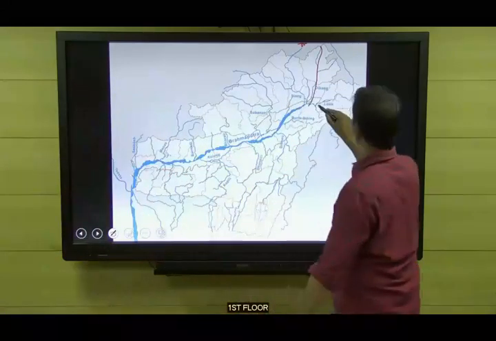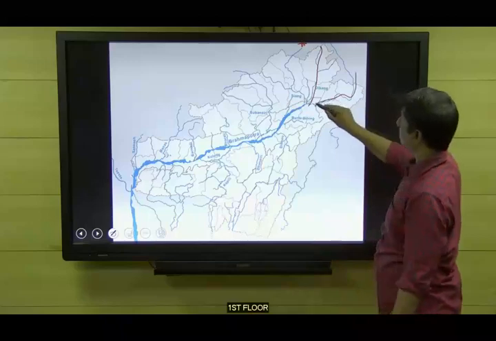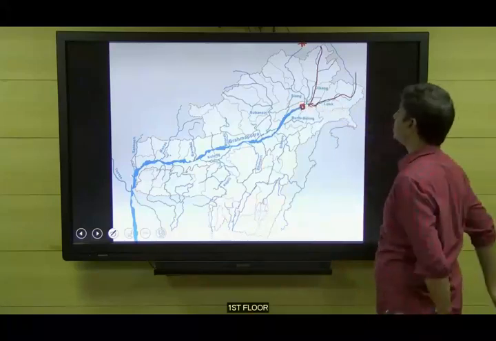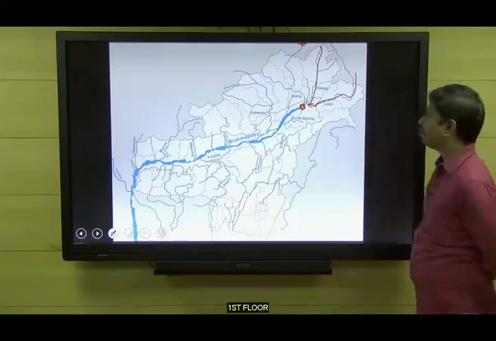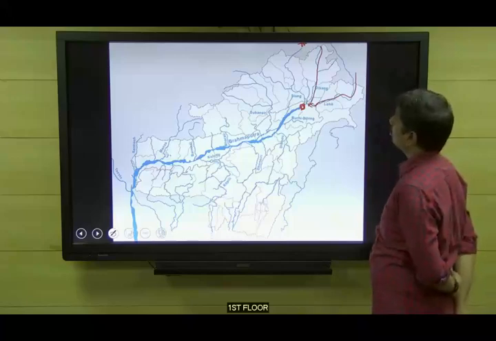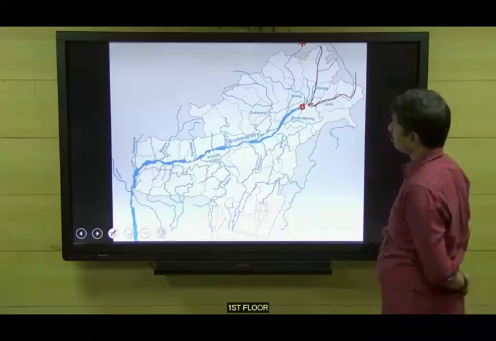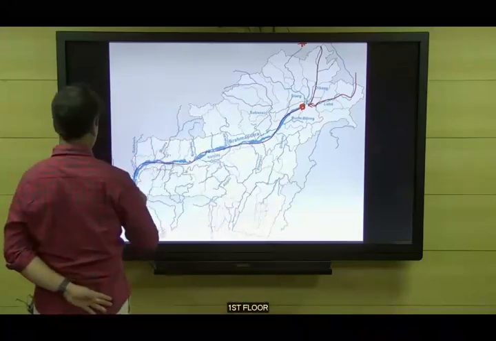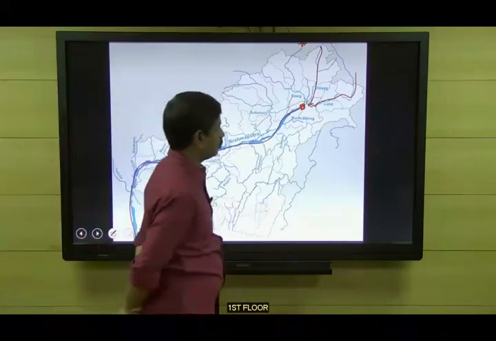After it joins Lohit, this is Lohit river. From this point onwards, it is known as Brahmaputra. After Lohit, it is known as Brahmaputra. And then it comes down.